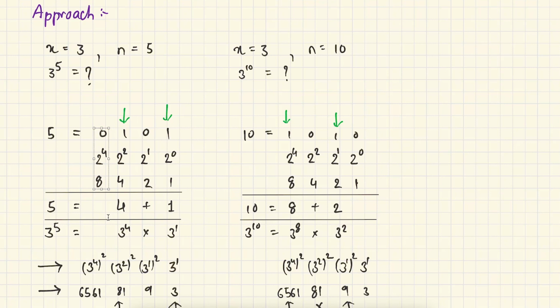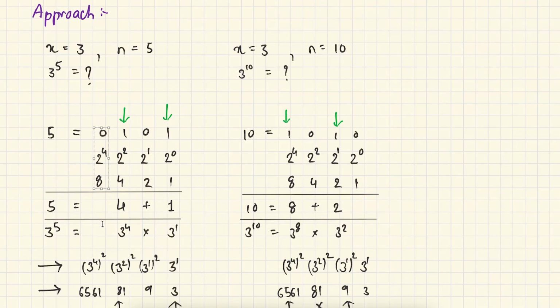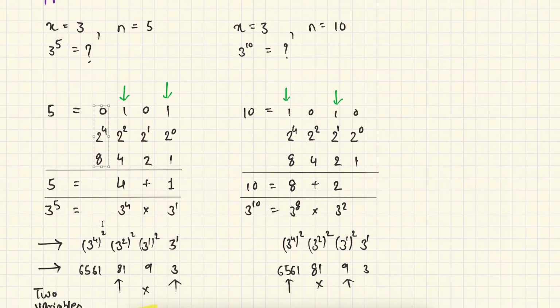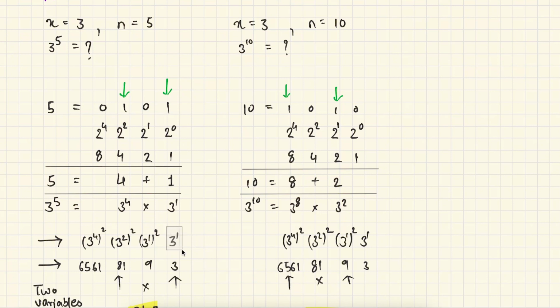Now the question is how to find 3 to the power 4 and 3 to the power 1. So this is pretty simple, right? Here you can see that every next value is the square of the previous value. So if the initial value is 3, then the next value is going to be 3 to the power 1 to the power 2. It means we are simply squaring the previous value. And the next value is going to be 3 to the power 2, power 2, and so on and so forth.